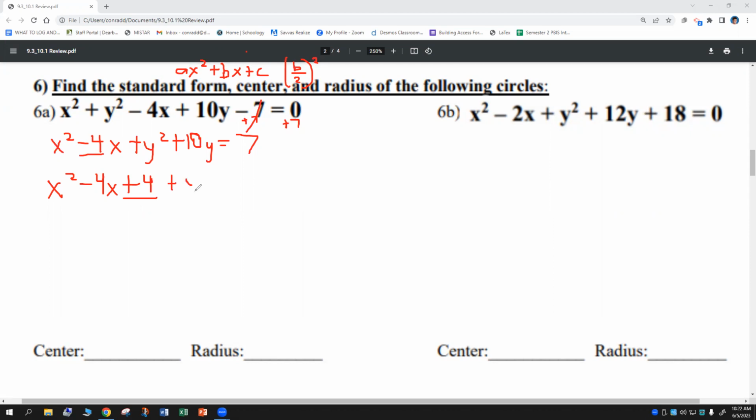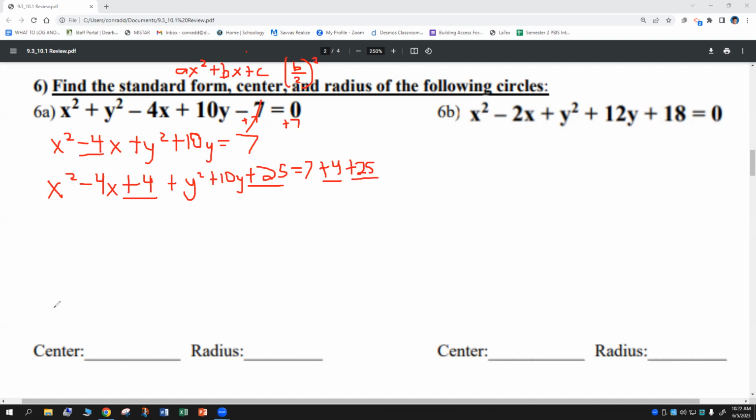Plus y² + 10y. And then again, the b here for the y's is 10. So 10 divided by 2 is 5, and 5 squared is 25, equals 7. If I add 4 to the left, I need to add it to the right. If I add 25 to the left, I need to add it to the right to balance my equation.